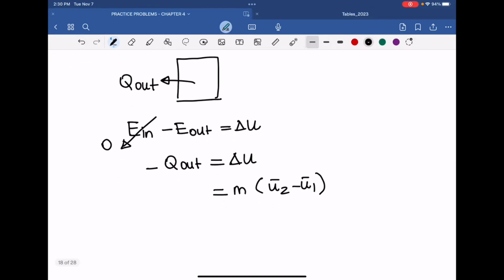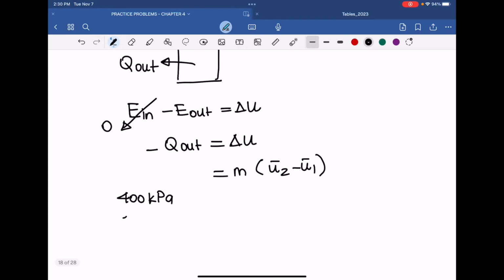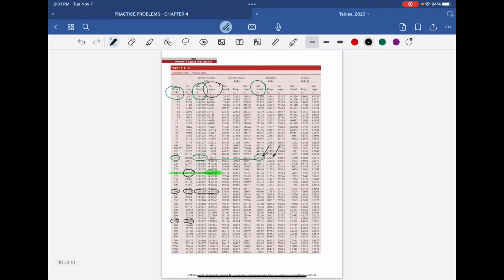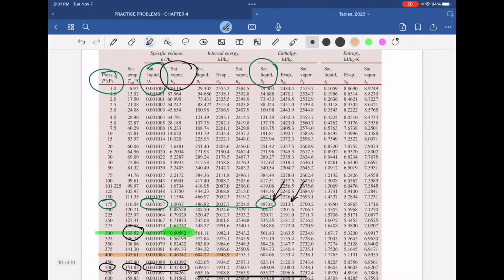First state they are giving, it's 400 kilopascal, and they are telling us that it is saturated vapor. So if we look at the tables, it's the water at 400 kilopascal. Right, this line, and we are trying to find the internal energy for saturated vapor.